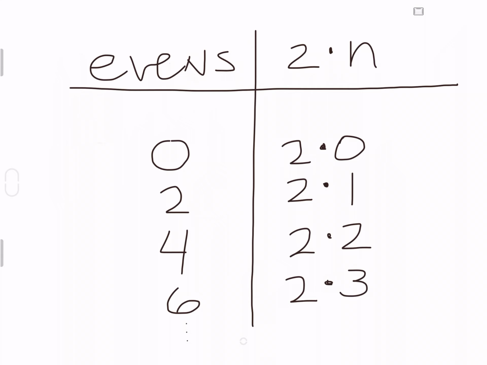Okay, let's go backwards. Let's go negative 2. Negative 2 is 2 times negative 1. Negative 4 is 2 times negative 2, and so on.